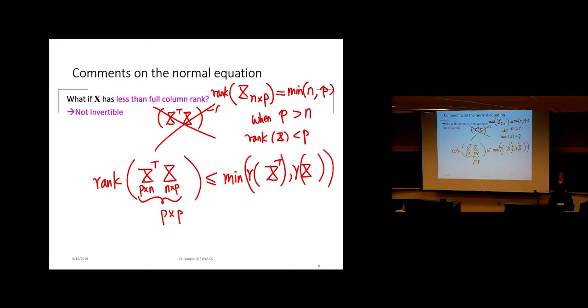Then you put these two together: the rank of X transpose times X will be smaller than p, and of course this matrix is not invertible. So this is one situation: when you have more features than samples, your X transpose X absolutely cannot be inverted. There are other cases, but this is the most apparent one.